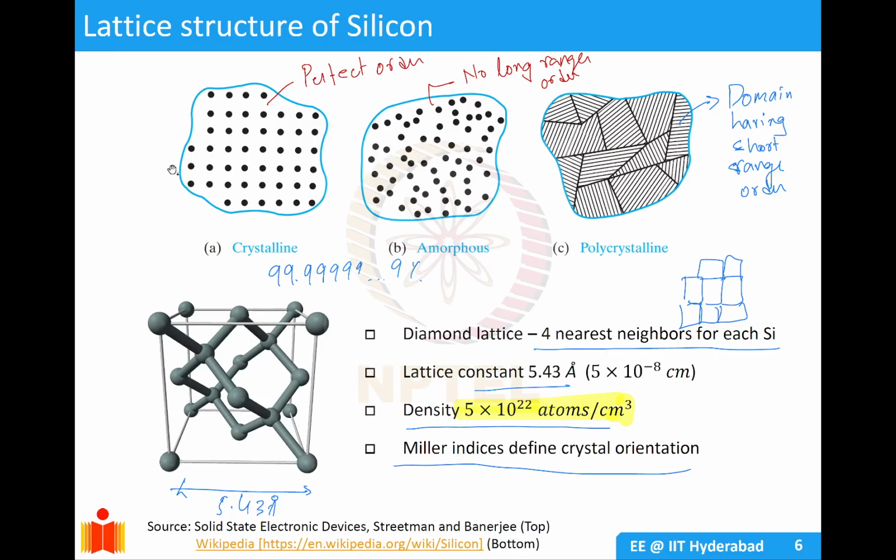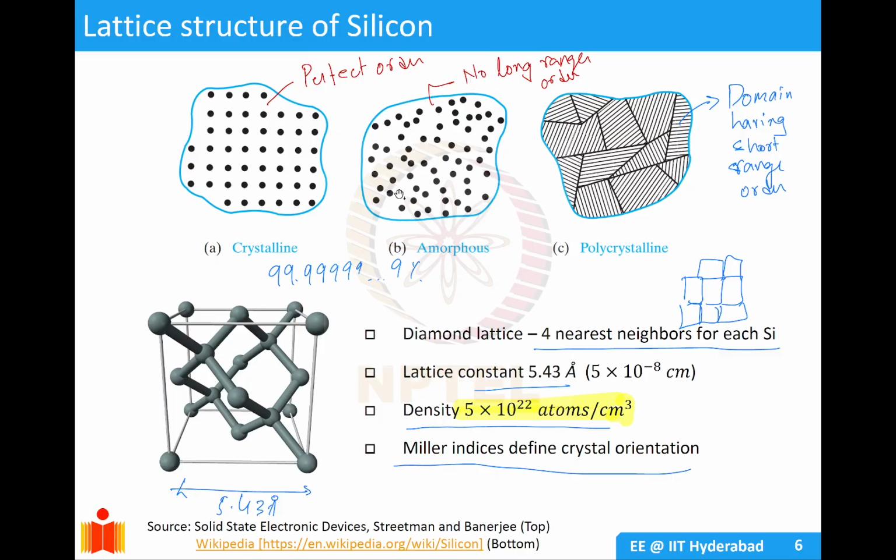Now we come to the lattice structure of silicon. There are three types of lattices: crystalline, amorphous, and polycrystalline. In crystalline, the electrons are arranged in a symmetric pattern which follows some rules, and they are perfectly oriented. Whereas in amorphous, the electrons are oriented randomly. There is no orientation.